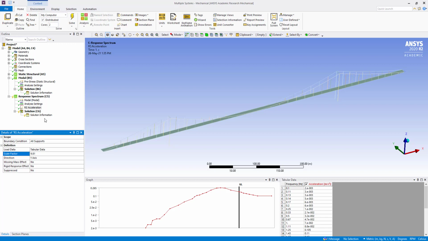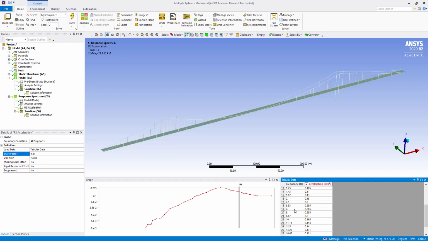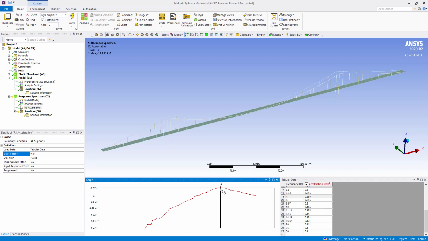Here we can note that the frequency at the spectral peak of this spectrum is 4 Hz.